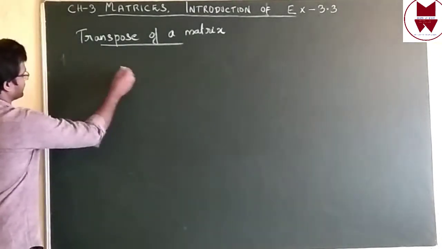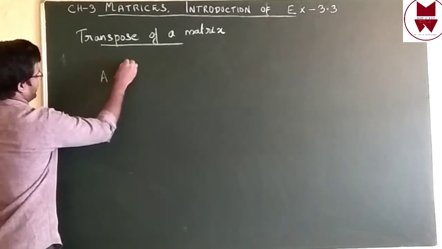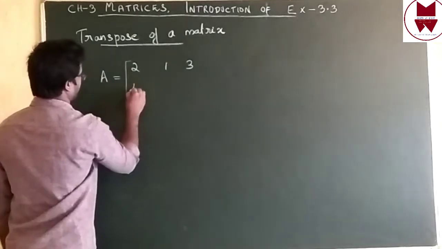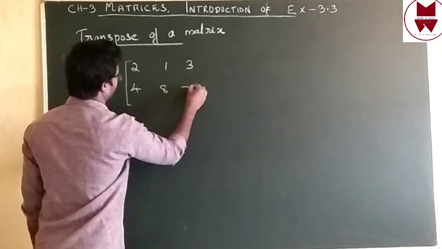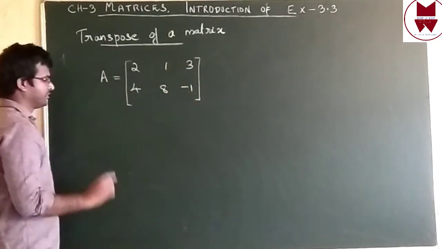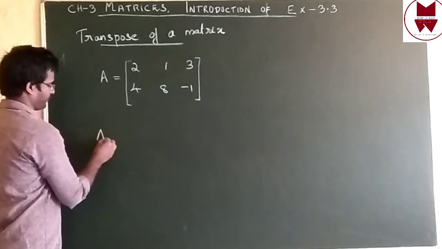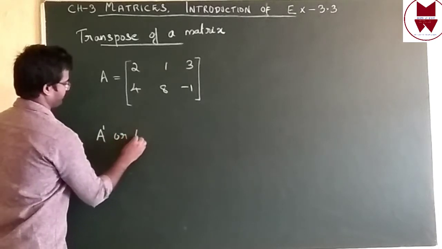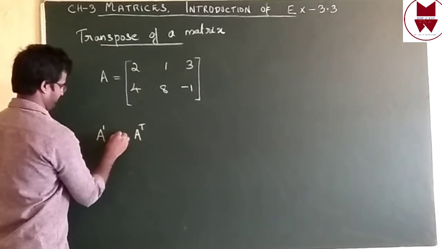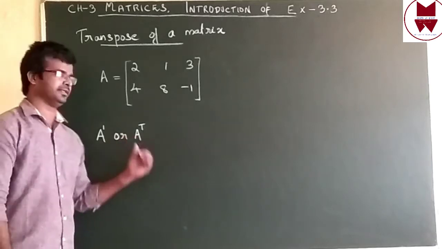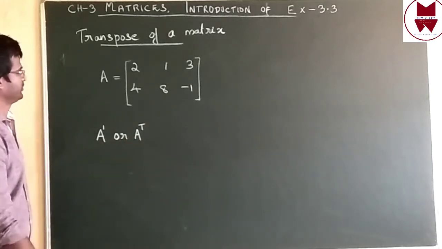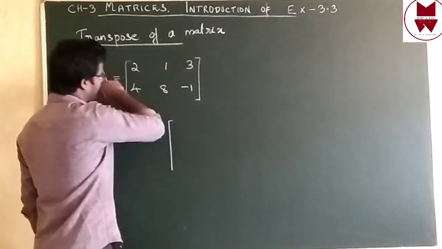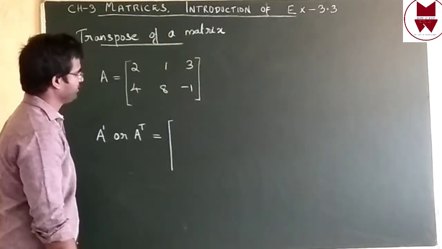Then I am going to write one matrix: 2, 1, 3, 4, 8, minus 1. Transpose, we will represent as A dash or A T. To get the transpose, interchange columns and rows.